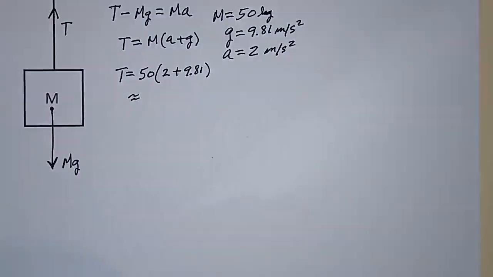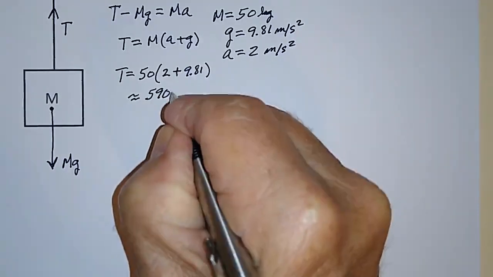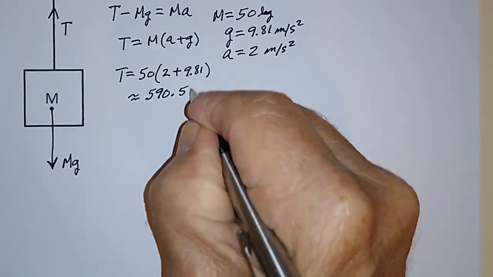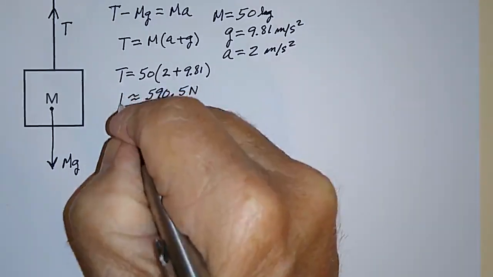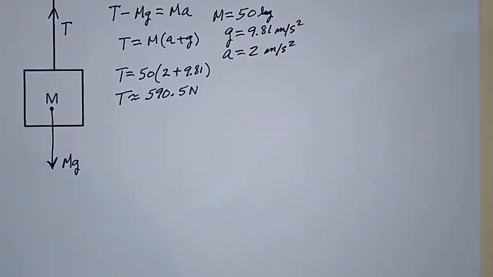And that works out to be 590.5 newtons. That's what T is when T is greater than mg and accelerating upward.